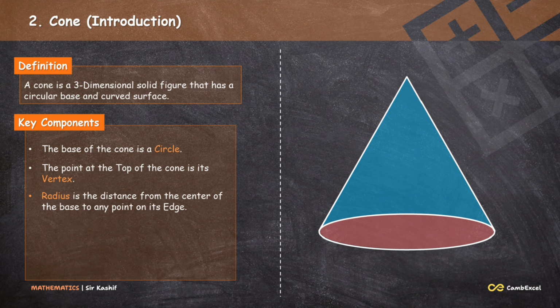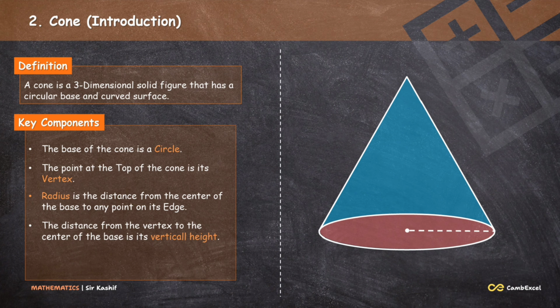Radius is the distance from the center of the base to any point on its edge. The distance from the vertex to the center of the base is its vertical height. The radius and the vertical height always make an angle of 90 degrees with each other.